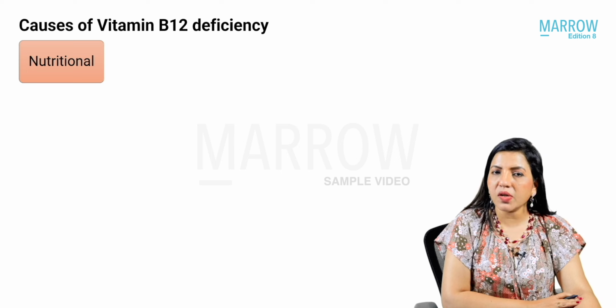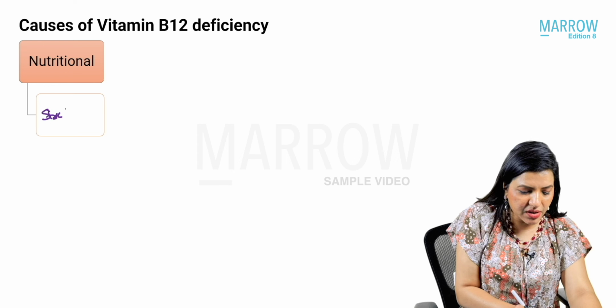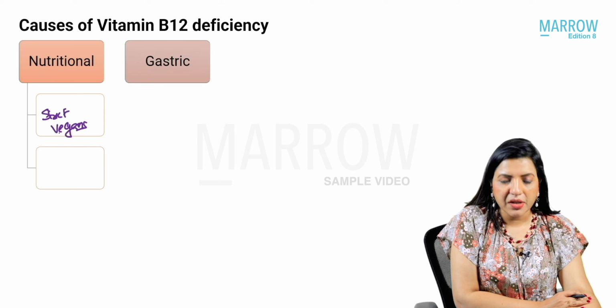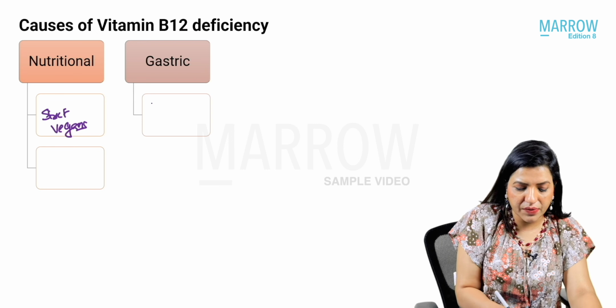Okay, now what are the causes of B12 deficiency? The most important one is the nutritional causes. So that is what I said, strict vegans. Then coming to the gastric causes, we know that intrinsic factor is required for the absorption of B12. So if there is an intrinsic factor deficiency, what is the cause?